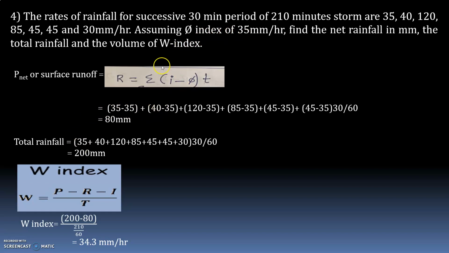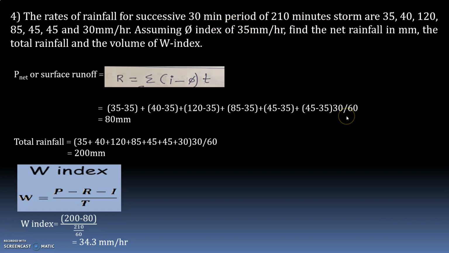Next is I equal to 40, 40 minus 35, plus next value 120, 120 minus 35, plus 85 minus 35, plus 45 minus 35, plus 45 minus 35. Then 30 minus 35, that we cannot consider because you will get a negative value, that we are not considering. Into T, this is a 30 minutes interval.